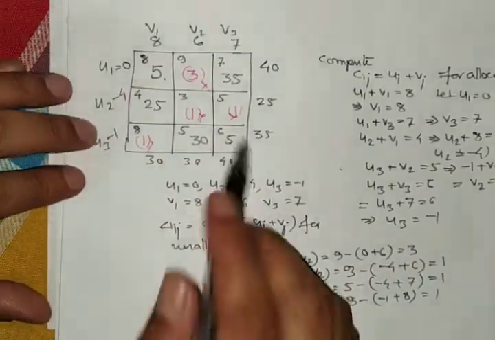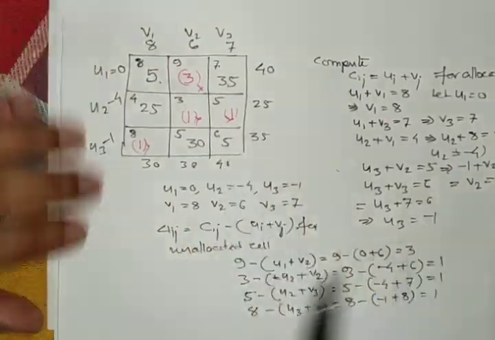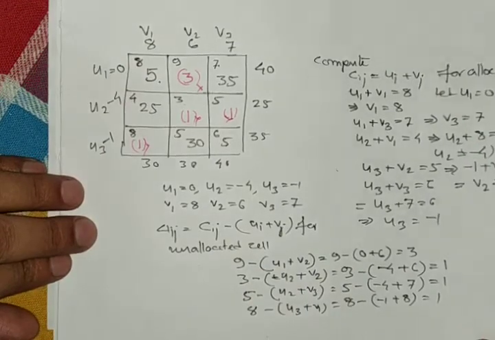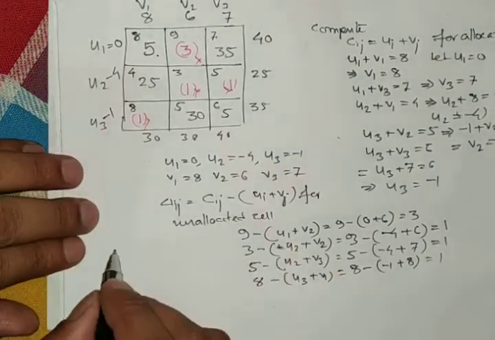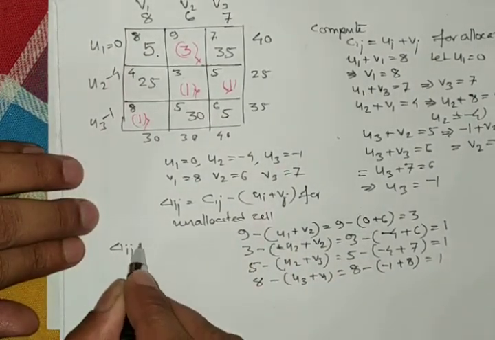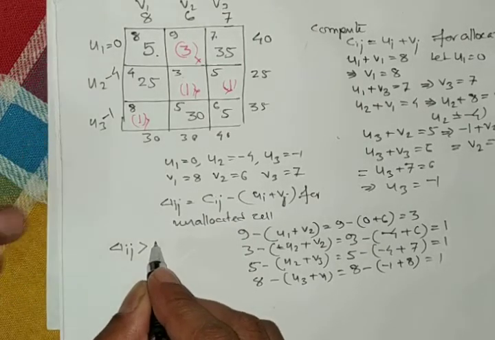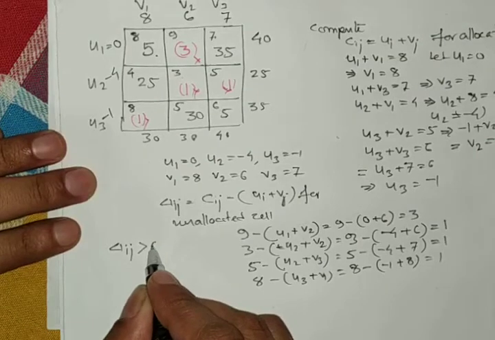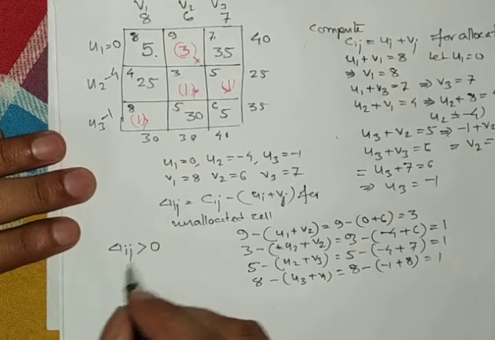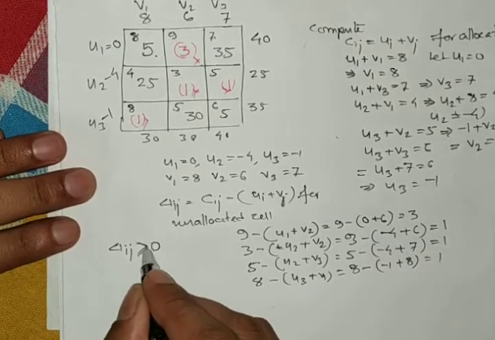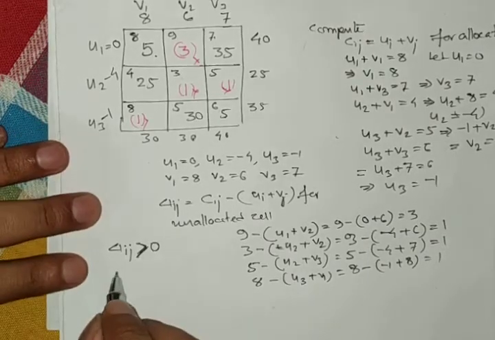So in this transportation problem, if you observe, we get delta ij greater than 0, not equal to 0, it is greater than 0.